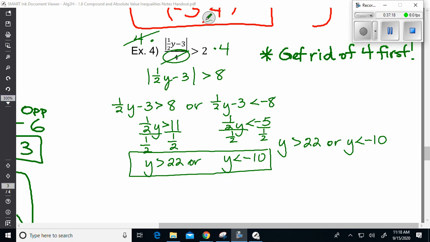So there's the algebraic answer. Once you get the algebraic, the graph takes care of itself. And the intervals take care of themselves.